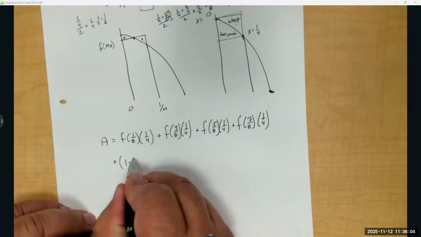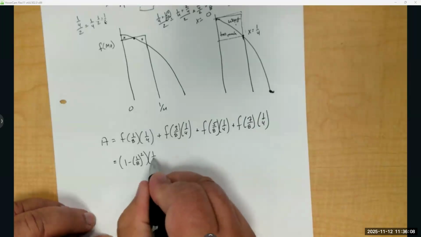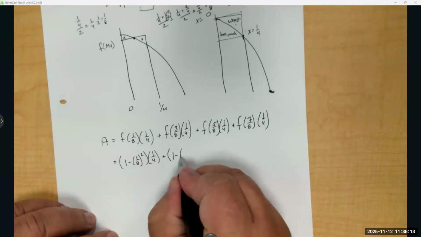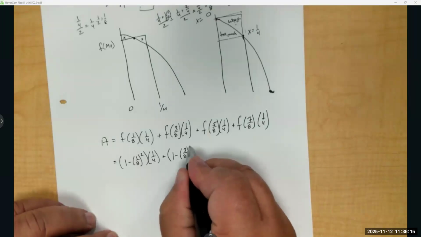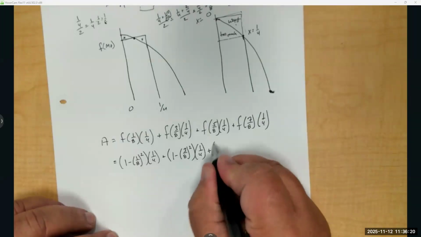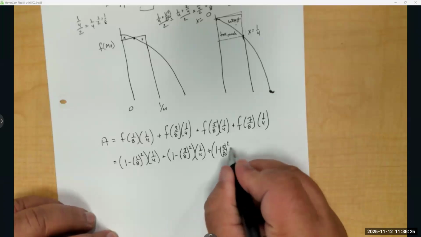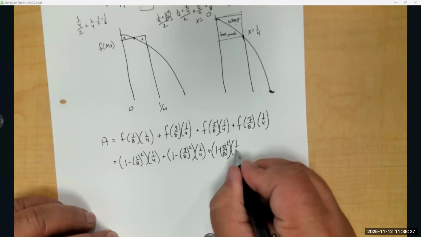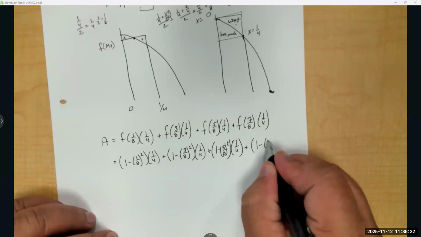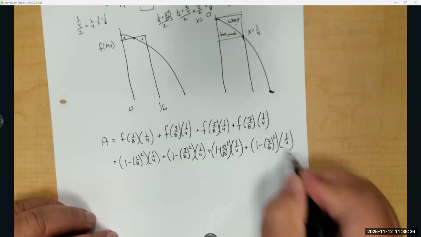So it's 1 minus 1/8 squared times 1/4. 1 minus 3/8 squared times 1/4. 1 minus 5/8 squared times 1/4. 1 minus 7/8 squared times 1/4.